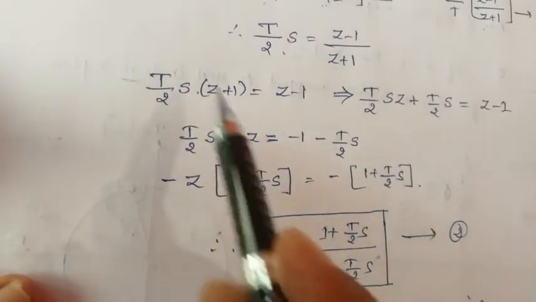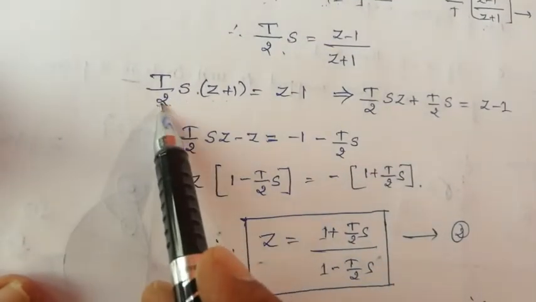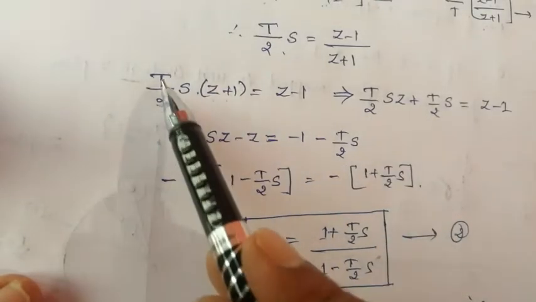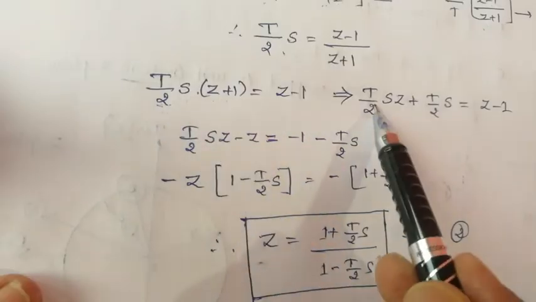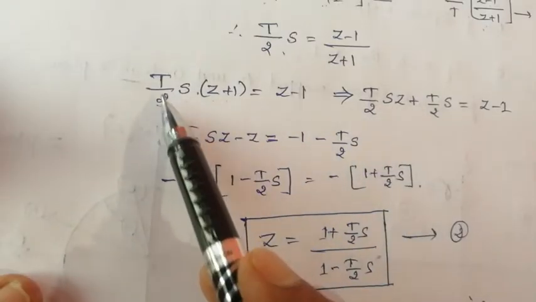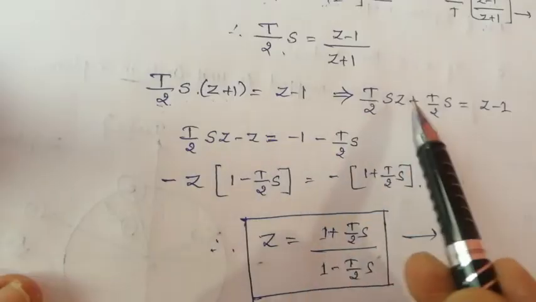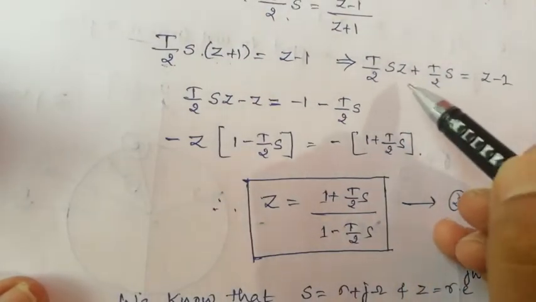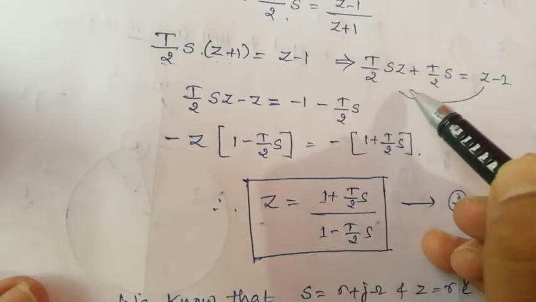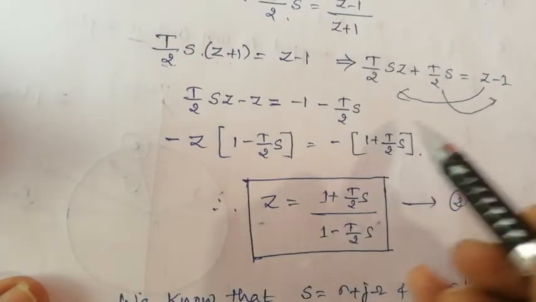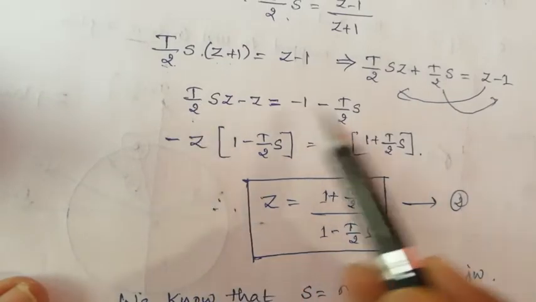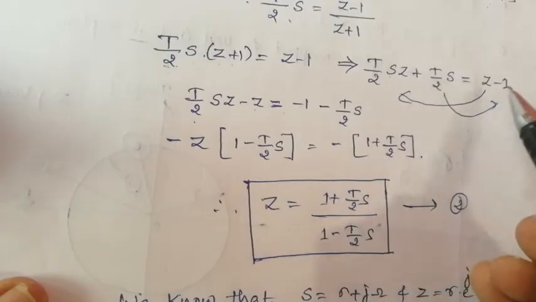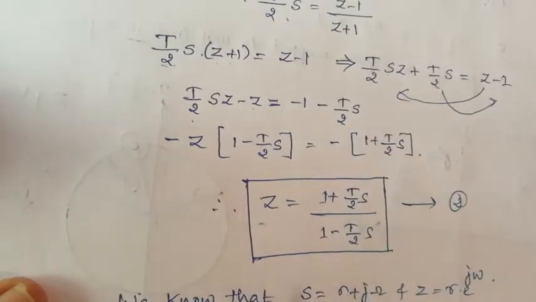For the simplification I am going to multiply the terms inside the bracket by this one. So T by 2 s into z plus T by 2 s is equal to z minus 1. For the simplification I will separate the terms: I will take this z to this side and s to this side, then it becomes T by 2 sz minus z equals minus 1 minus T by 2 s.